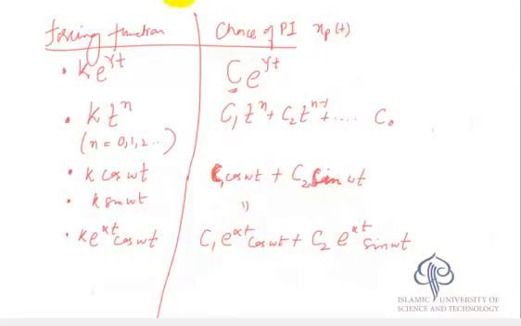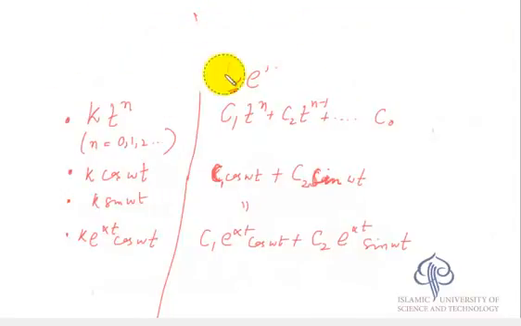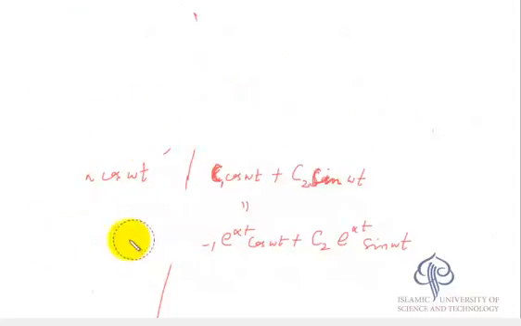So basically this is what you're going to do. You're going to assume a form of the particular integral based on the forcing function that we have, and then we're going to determine the undetermined coefficients.